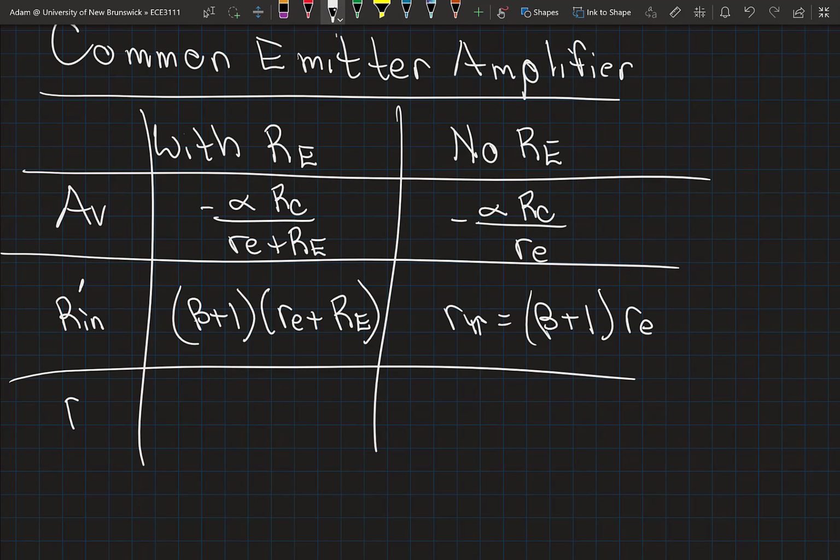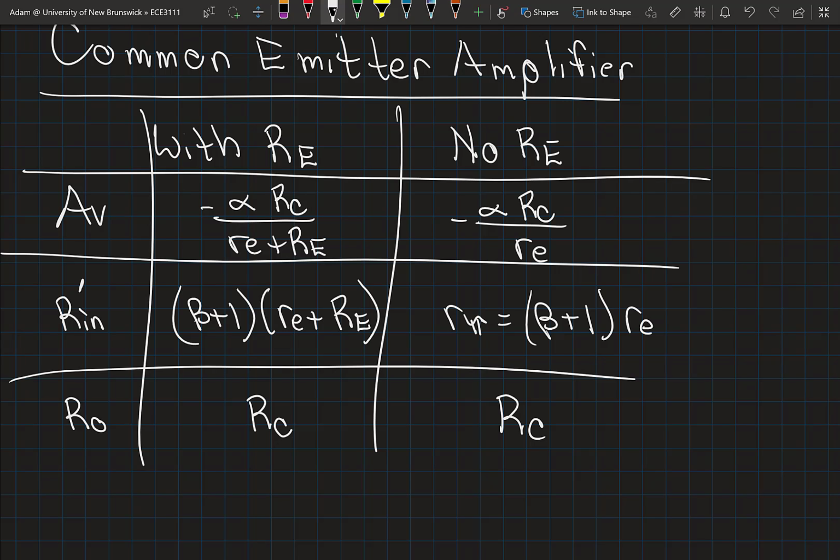The output resistance, looking from the perspective of where the output is taken, is in both cases, whether we have an emitter resistor or not, equal to that external bias resistor connected to the collector, RC.